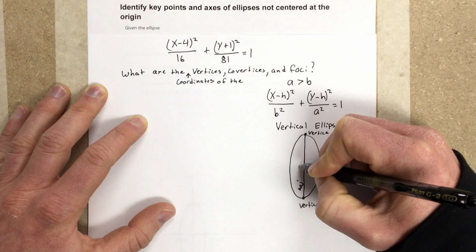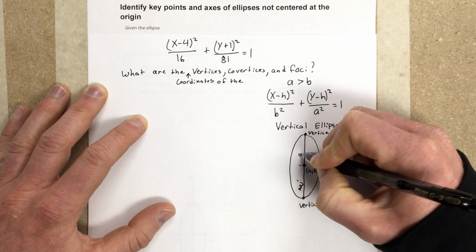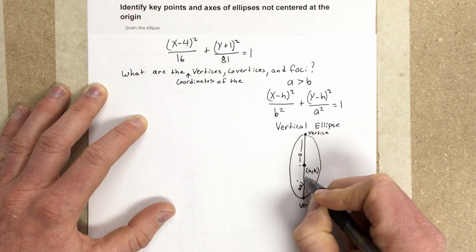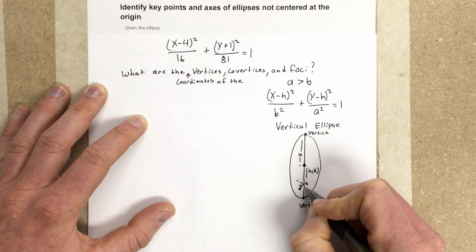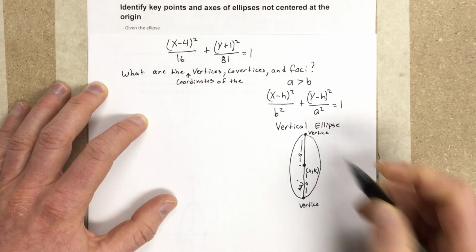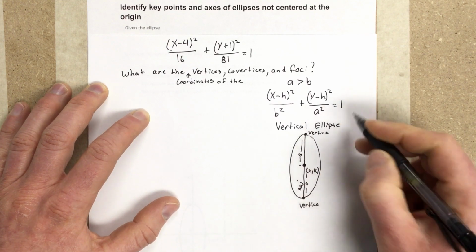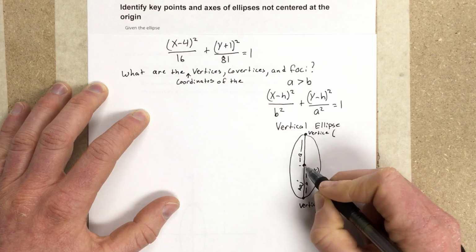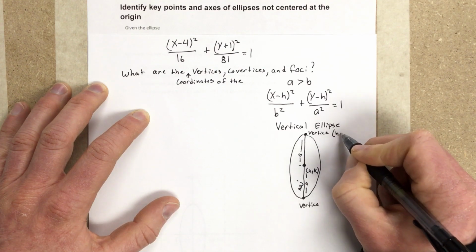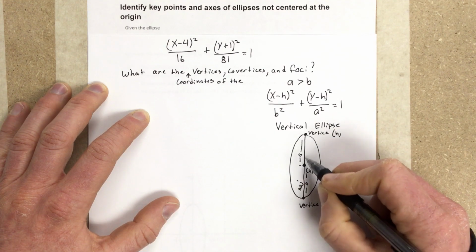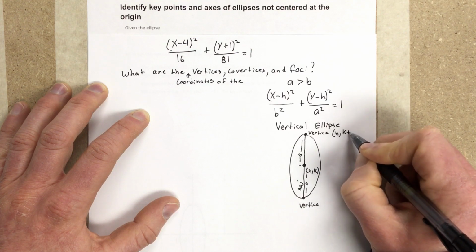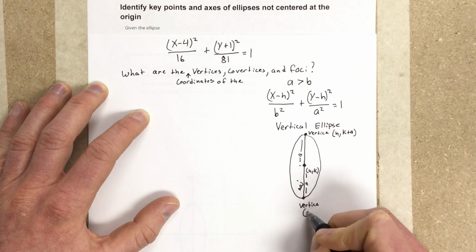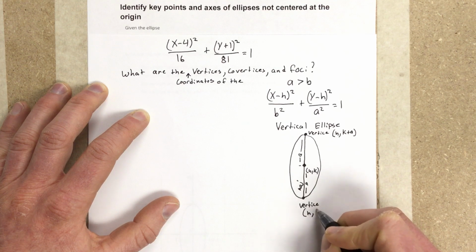From this point to this point is a, and from the center down to the lower point is also a. So the upper vertex is going to be h, comma, k plus a. And the vertex down here will be h, comma, k minus a.